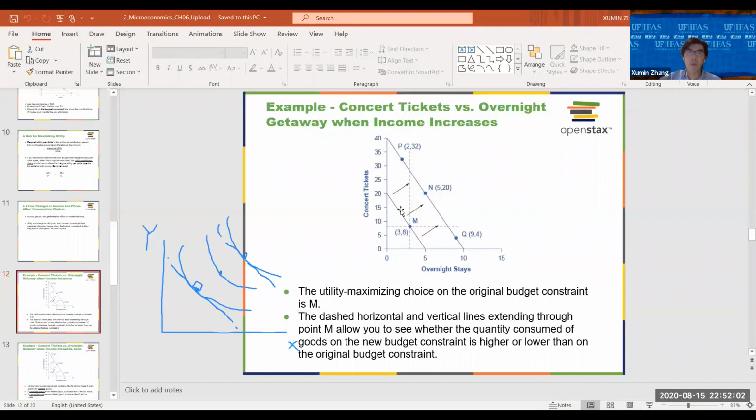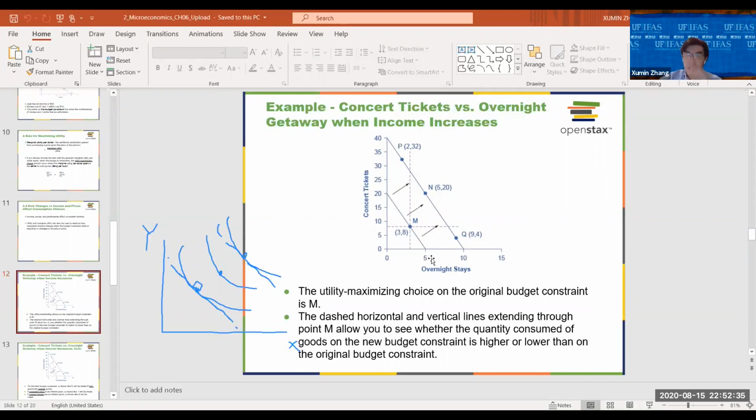And if we calculate that this 20 is the quantity times the price, or say we have 5 as the quantity for the overnight stay times the price, we will have our total budget, right? Just assume that we spend all our money on one product instead of allocating between two, so that we can simply draw this line.